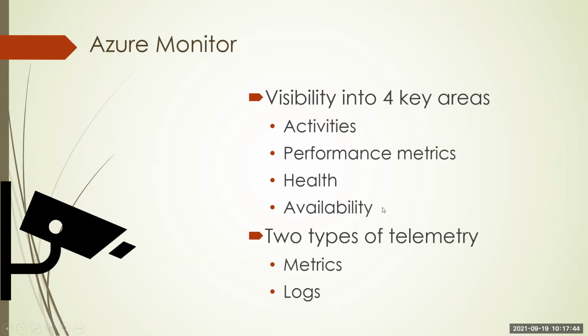Availability: so and so service is not available for operations, maybe because of some issue at the Microsoft end. Even in those cases, it is able to report to us. So these are the 4 key areas, based on 2 different types of telemetry data, that is metrics and logs.